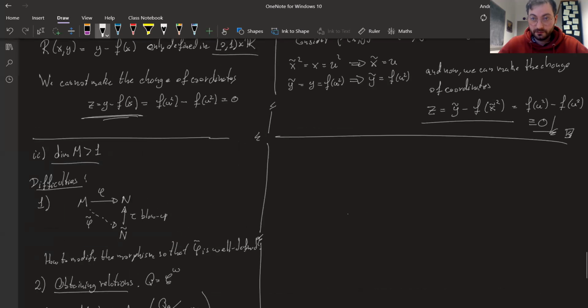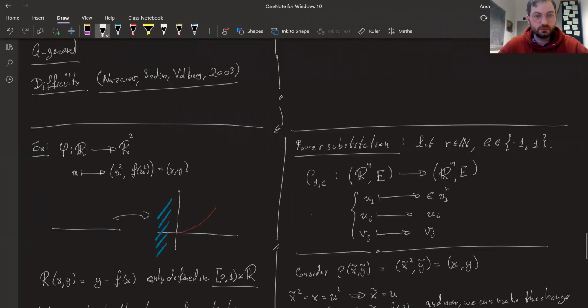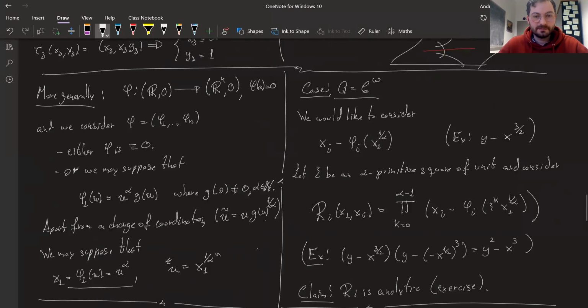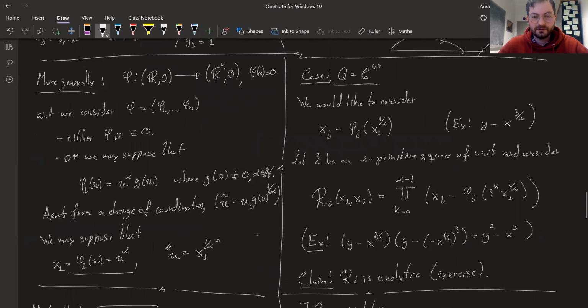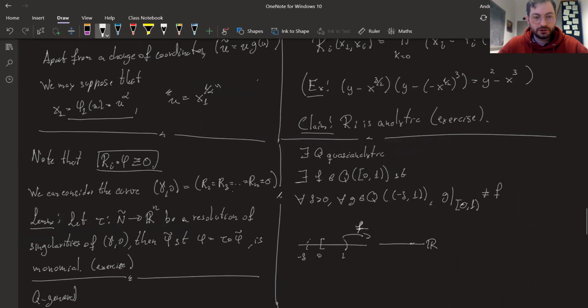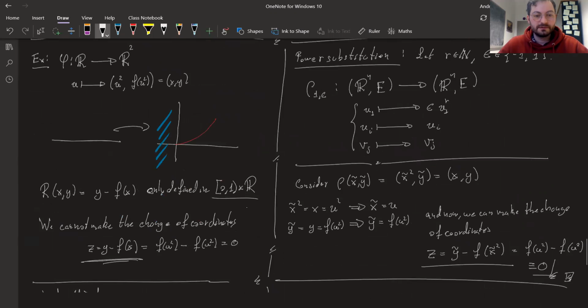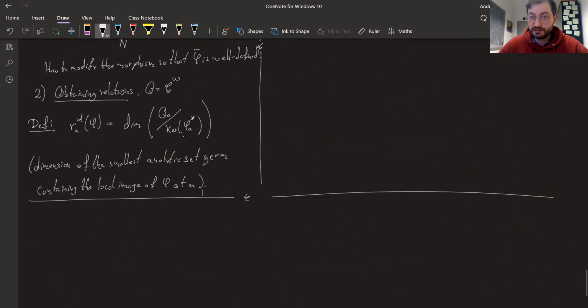So in the case when the dimension of m was equal to 1, what we showed is the existence of R2, R3, Rn, so n-1 relations. This means the kernel is going to be given by these R2, R3, Rn.